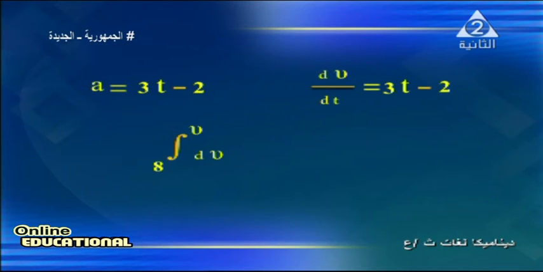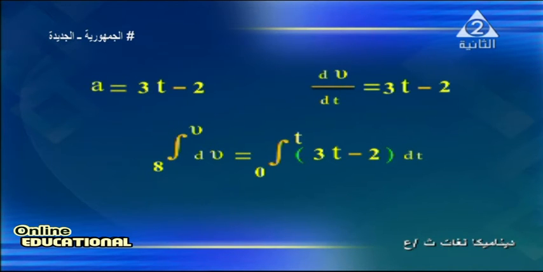Then the integration of dv from 8, the initial velocity, to v, the terminal velocity, or the velocity at any time, equals the integration of the relation 3t minus 2 with respect to the time t from 0 to t. 0 is the time at the initial motion.